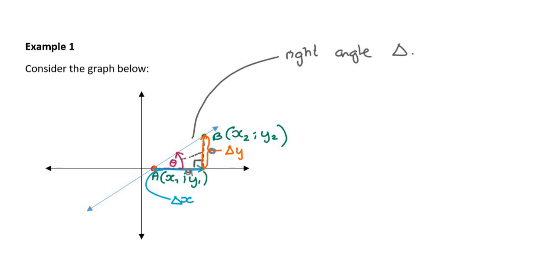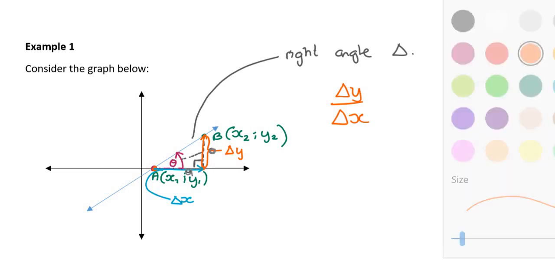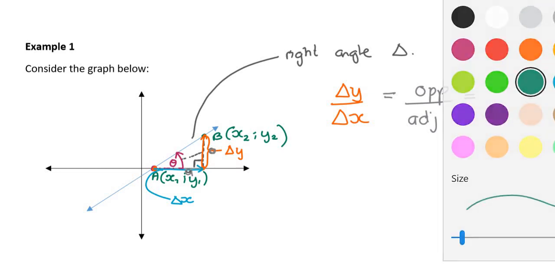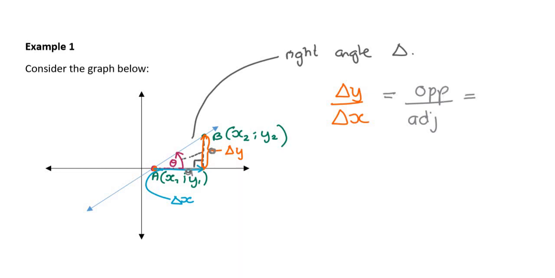So if I said change in y divided by change in x, in this particular picture, that would be the side opposite theta divided by the adjacent side to theta. Now, again, I'm not too sure how much trig you remember, but opposite over adjacent is defined as tan of theta. So why this is important is we're now creating a mathematical relationship involving this theta.